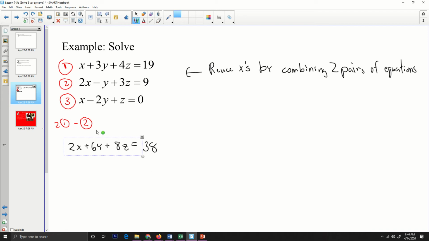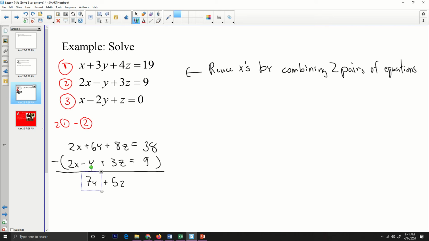Now I'm going to rewrite the second equation: 2x minus y plus 3z equals 9. And we're going to subtract these. 2x minus 2x gives me 0. 6y minus negative y gives me 7y. 8z minus 3z gives me 5z.